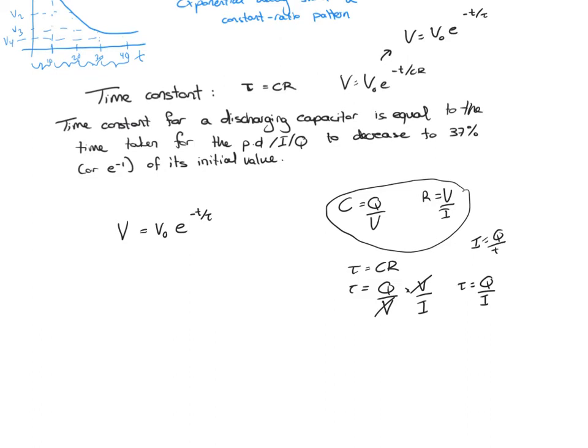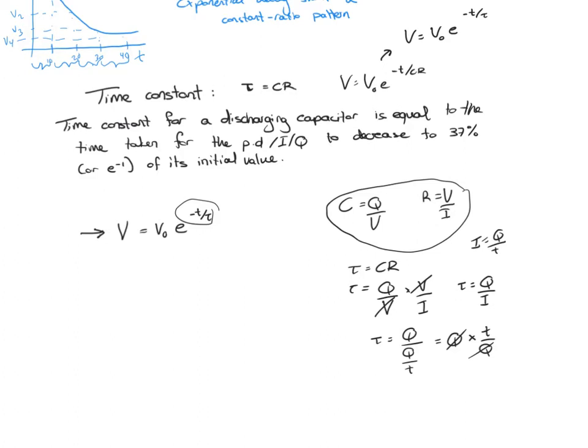So tau is equal to Q over I, which is the same thing as Q times t over Q. So the Qs cancel, and we know that the unit of time is seconds, so the unit of the time constant is seconds too. Hence when we look at this equation, the unit we get for voltage is still volts, because this is seconds per second, which is just a fraction and doesn't have units. So we only consider the units of the voltage in this equation.